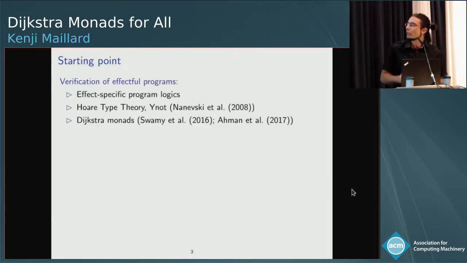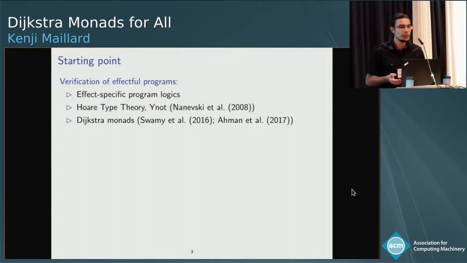So what kind of tools have been used to verify effectful programs? Effect-specific program logics have been heavily explored in order to give specification and meaning to programs and to actually derive proofs that a program satisfies some specification.